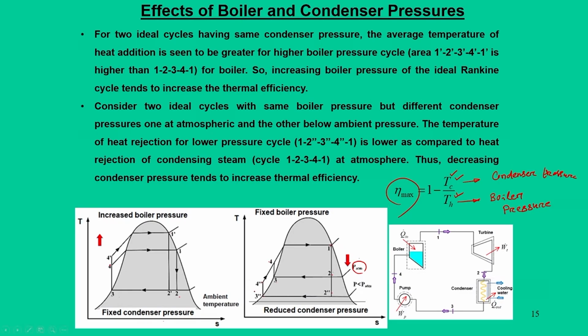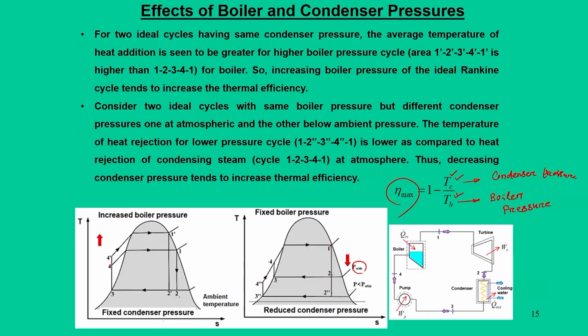When the condenser pressure reduces, it tends to increase the thermal efficiency. That is the reason all steam power plants operate at the lowest possible temperature, which is the condenser pressure, close to maybe 0.008 bar or 0.04 bar, something in that range, and this is generally done to improve the cycle efficiency.